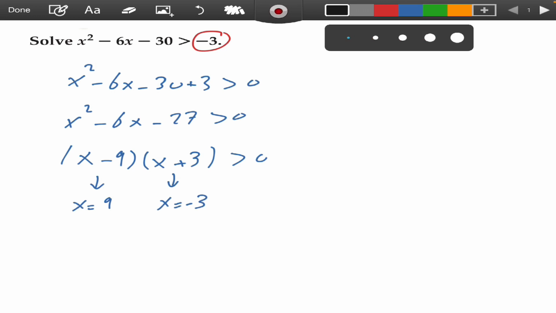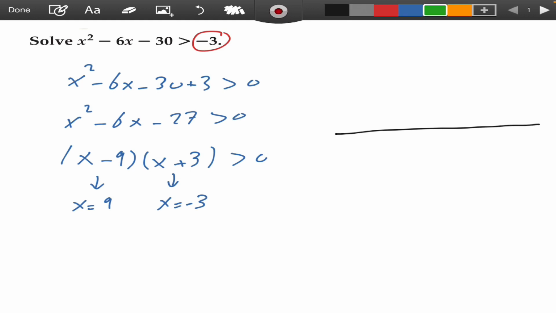Next we create a sign chart, or what we call the number line, listing the numbers in order. So negative 3 and positive 9.